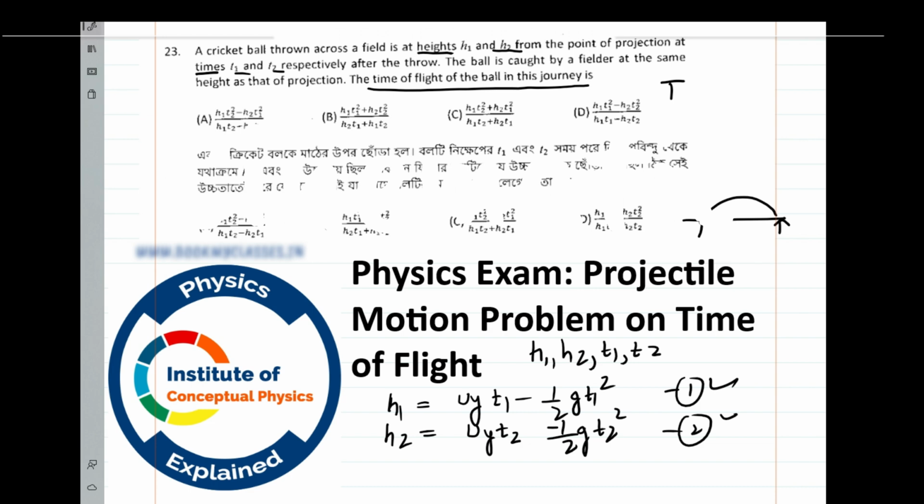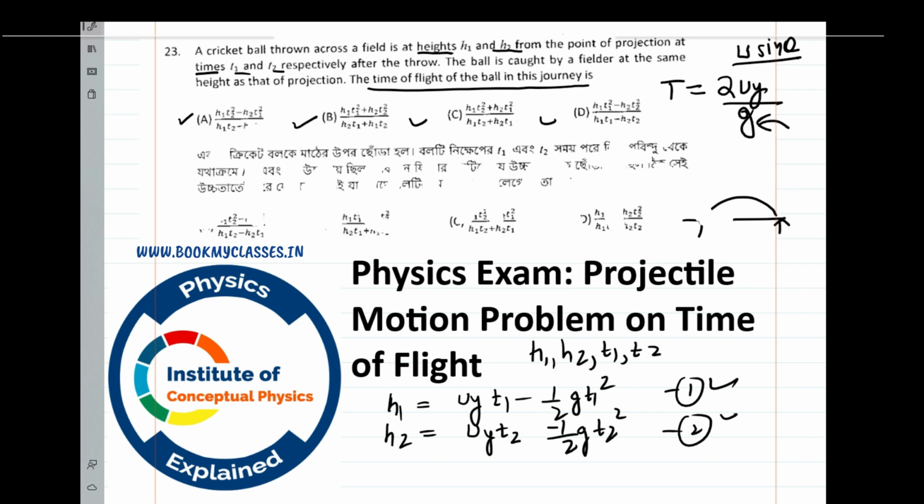Now the time of flight is calculated using this particular expression, which is 2 uy by g, where uy is u sine theta actually. If you notice all the expressions in front of you, none of them has any mention of gravity.